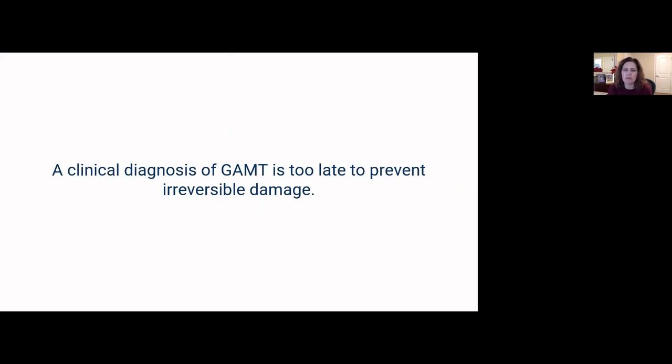And in my community of other parents, we all recognize that none of us who had to wait, who didn't get a newborn screen or test, have children with no symptoms. It depends on how old they are when they're diagnosed, but the consequences of a late diagnosis live on with the child and the family and the community. So newborn screening for GAMT is very important. Next slide, please.